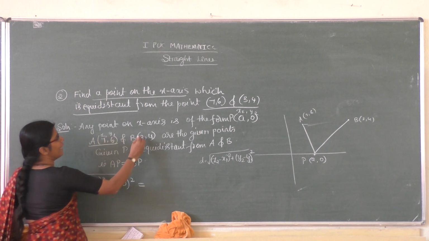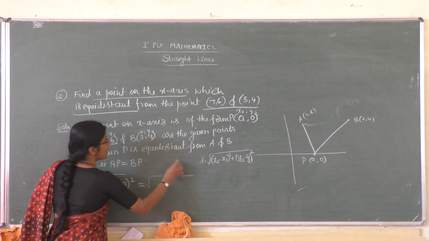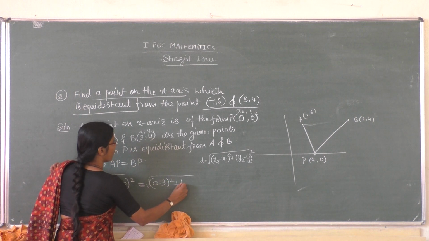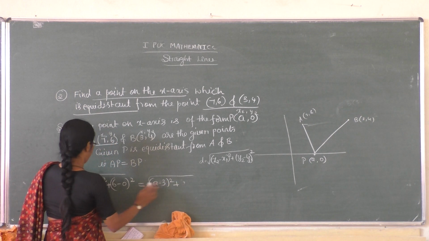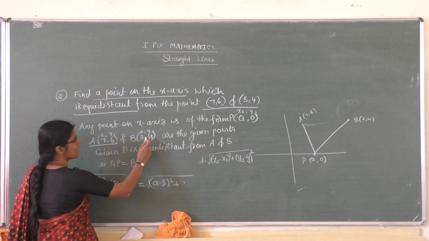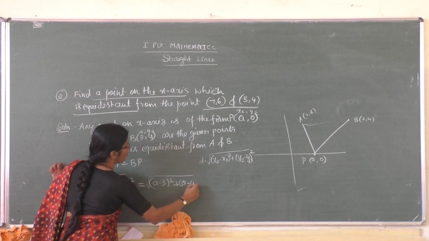Now BP, here this is x1 y1, that is x2 y2. What we have? Square root of (a minus 3) whole square plus (0 minus 4) whole square.